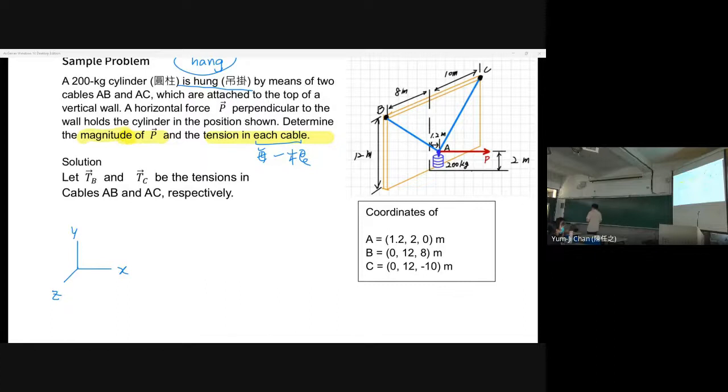Of course, we need to determine P. This is the first one, and then we need to determine the tensions in two cables. So at least there are three forces. How many forces do we have in this problem?